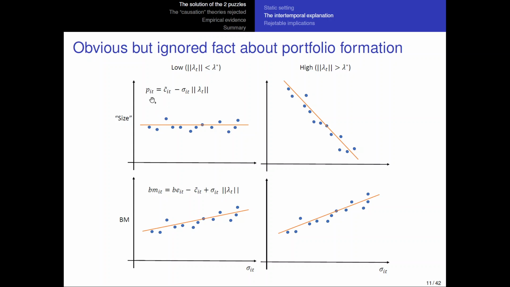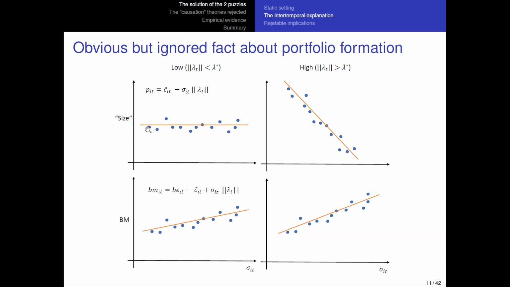Because when you look at this equation, you basically have that the slope of the regression, or the line here that links prices with risk, is going to be given by the price of risk.